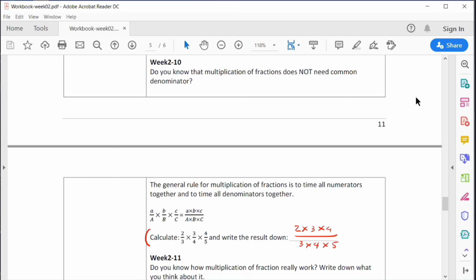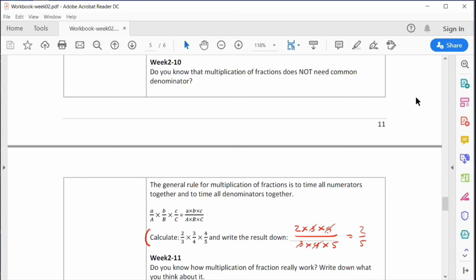So you cancel down, and it's 24 over 60, and if you simplify it, it's 2 out of 5. That's what it is.